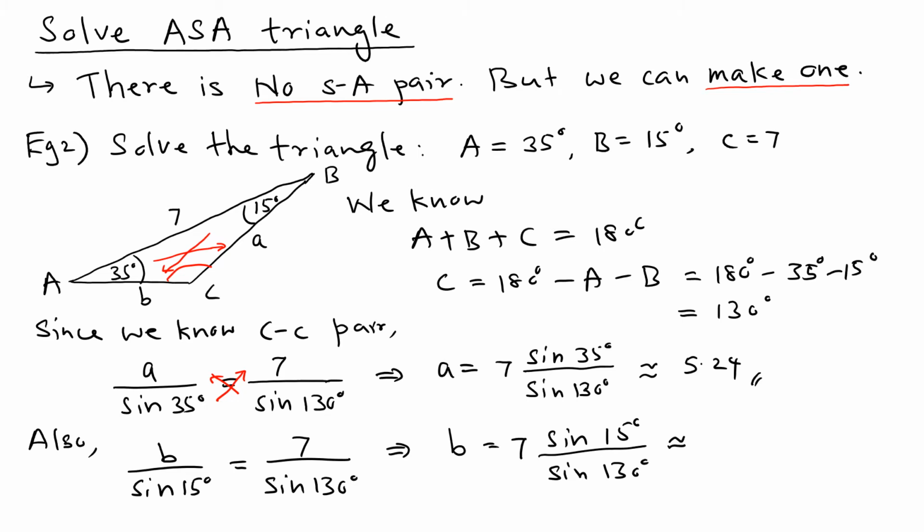Using a calculator, the approximate value is 2.37. So that's how you can solve a problem even when you do not have an SA pair. In the ASA case, you can make an SA pair by finding the angle, and then use the sine law to find the other missing sides. Good. So let's look at the next case.